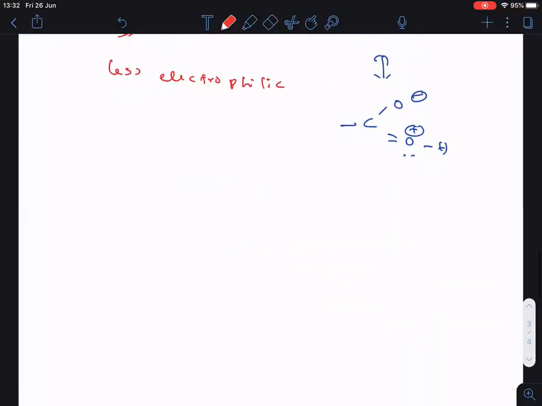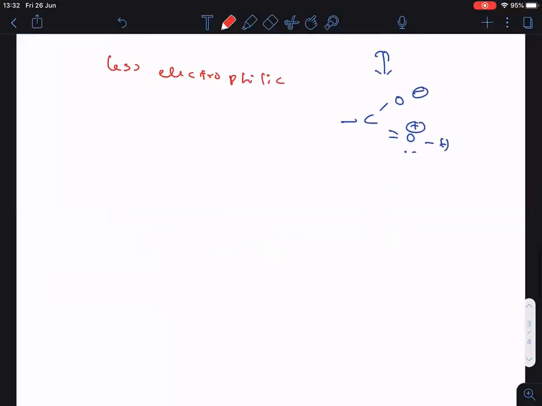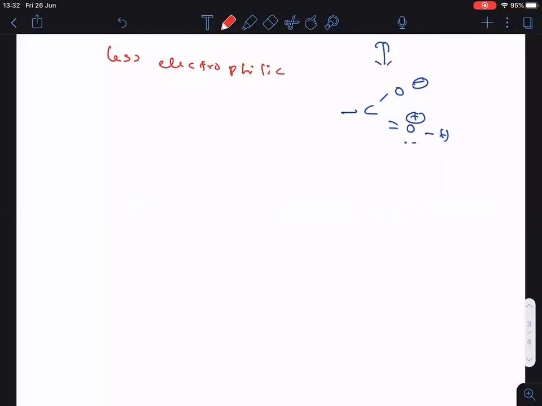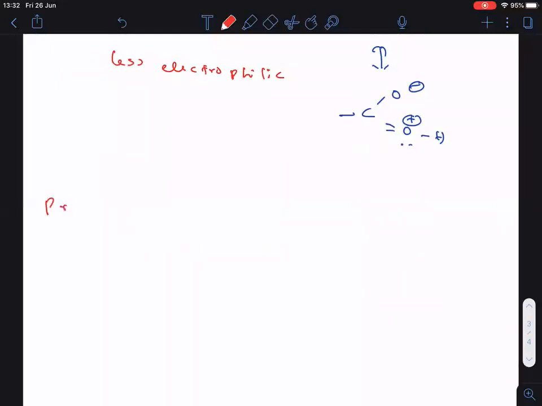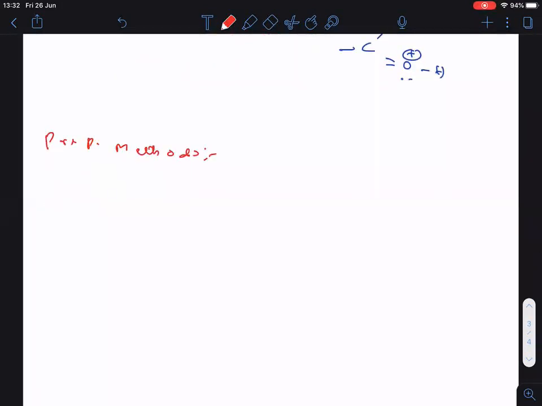So this is the introduction to carboxylic acids. Now we are going to discuss the preparation methods. Preparation methods of carboxylic acids we are going to see.